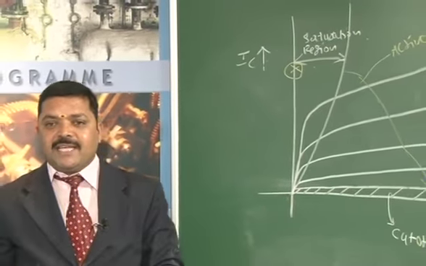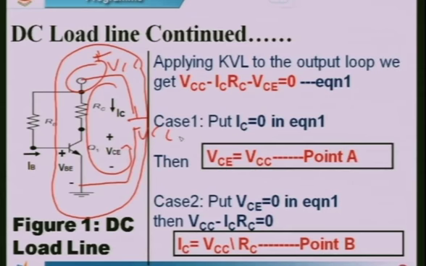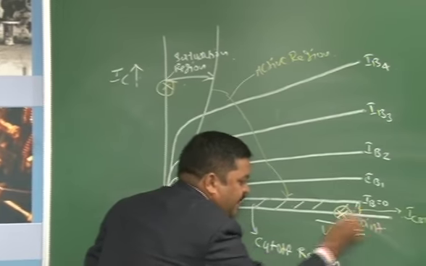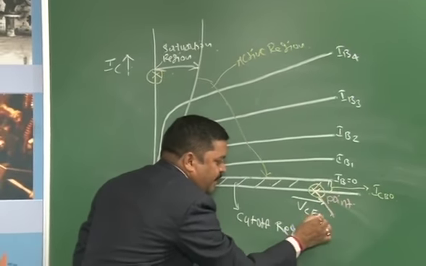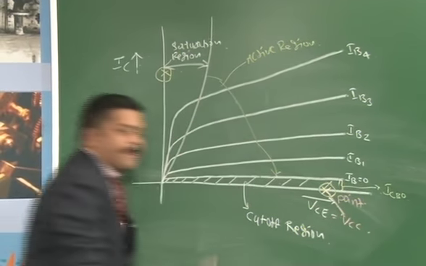So, when we put IC equal to 0 in equation 1, we get point A, which is VCE equal to VCC. At this point, VCE is equal to VCC.